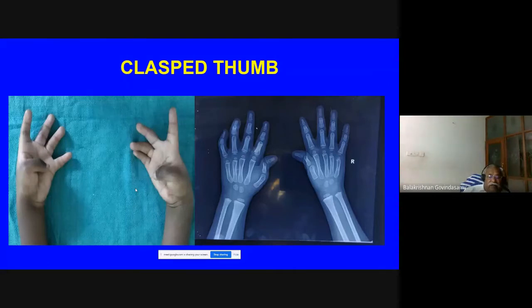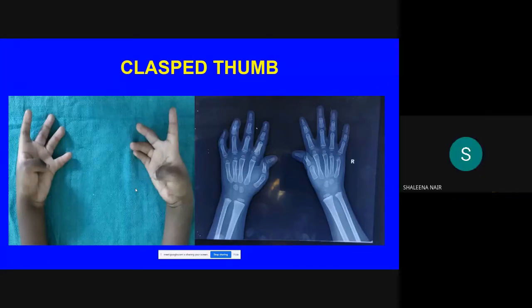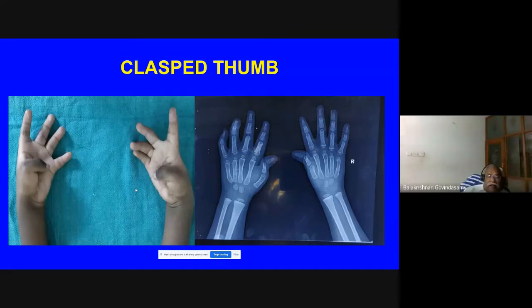Why should they come for treatment? They won't be able to grip anything because even the function of the other fingers is limited because of the thumb. The thumb cannot move out of the palm. Rightly said. They can't grasp because when the fingers flex, the thumb intervenes.